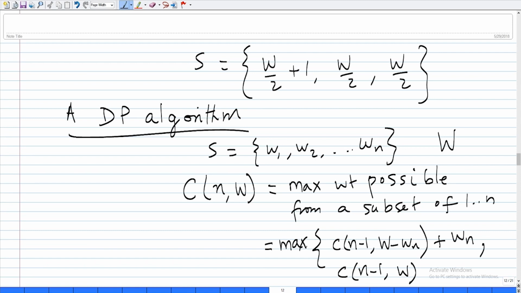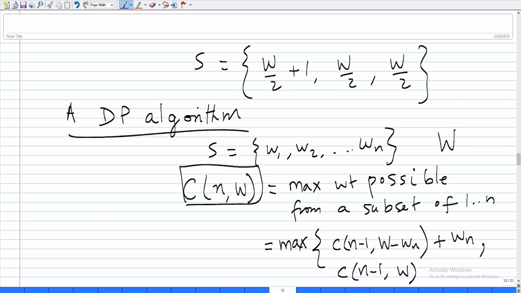So now what are the sub problems we are going to compute? These are the sub problems for different values of n and different values of W, right? We go slowly from small values of W, small values of n. The base case would be like C1W or something, right?